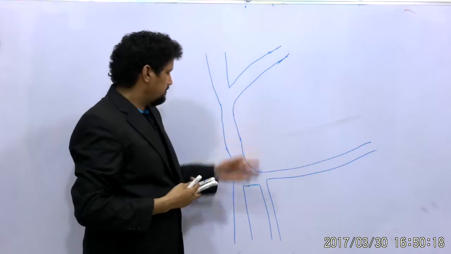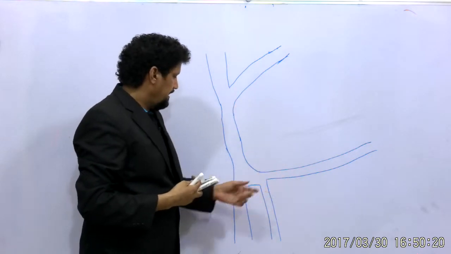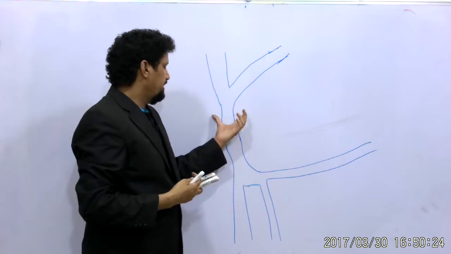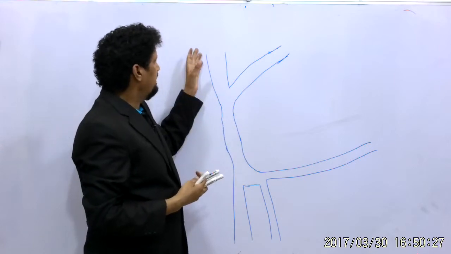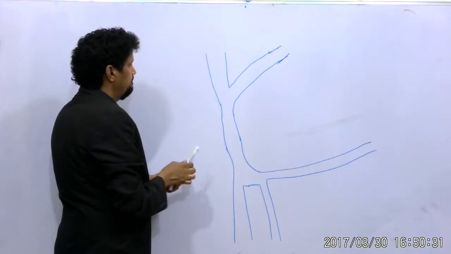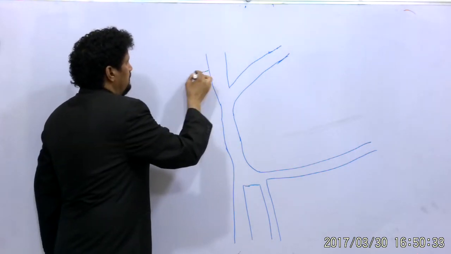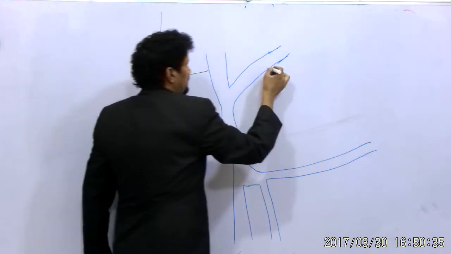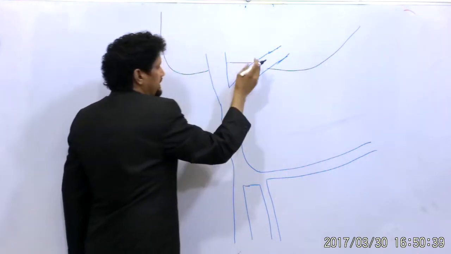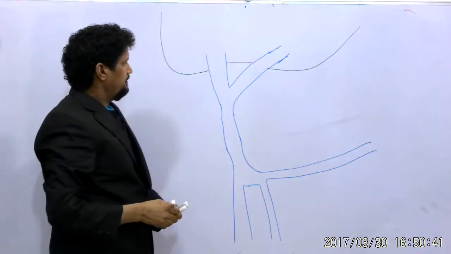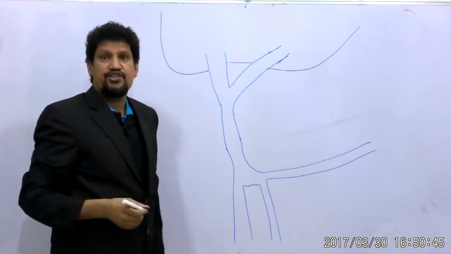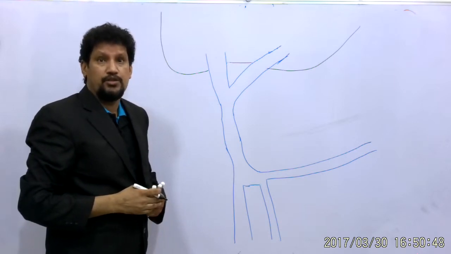So, this was the part of the infraduodenal, the part of the retroduodenal and part of the supraduodenal, and this is the intrahepatic part. This is the part of the liver where the right and left are entering. In 10 to 15% of cases, there is trifurcation of the portal vein.